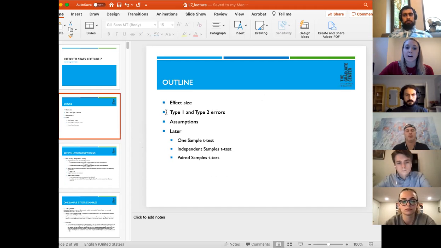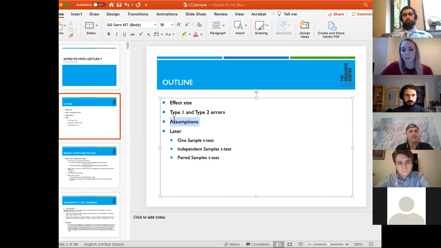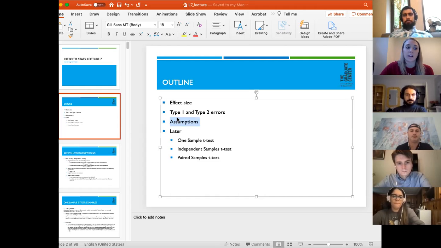Then we're going to talk about the different types of errors associated with rejecting and failing to reject the null, and then the assumptions. All parametric hypothesis tests come along with assumptions. Within each statistical test from here to the end of the semester, we'll talk about how to compute the test statistic, how to compute the effect size, and the assumptions associated with that test.